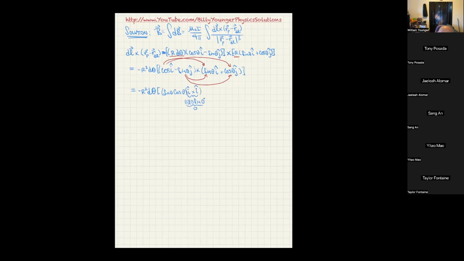Now the next term will be cosine squared theta. So I'm going to say plus cosine squared theta, and then that's going to be i hat cross j hat. Now, this one is the very definition of a right-hand rule. So i hat cross j hat, if you stick your index finger in the direction of x hat, which would be to my right, and then you stick your middle finger in the direction of y hat, which would be up, then the thumb actually points out, which is our k hat direction.